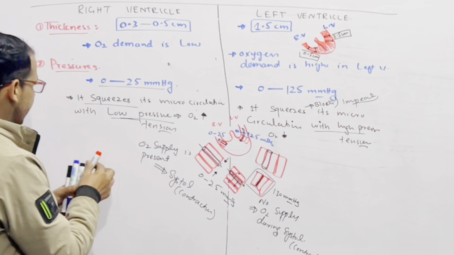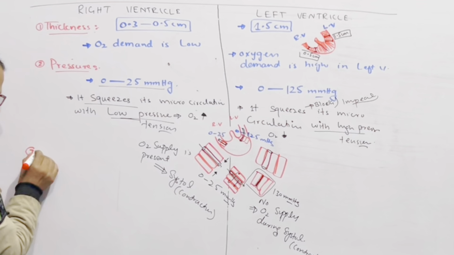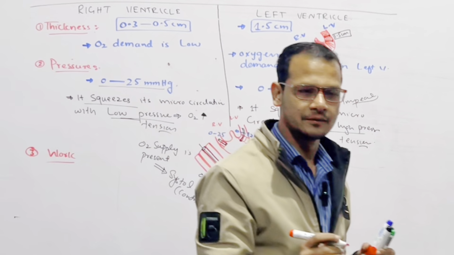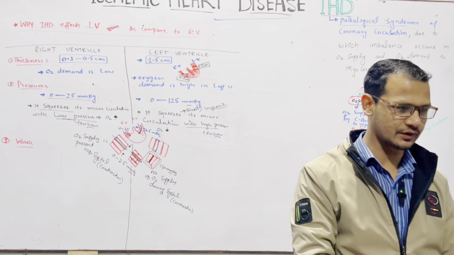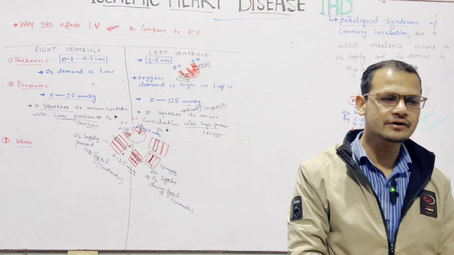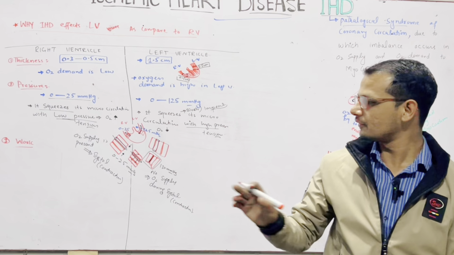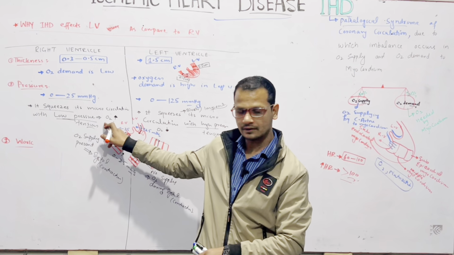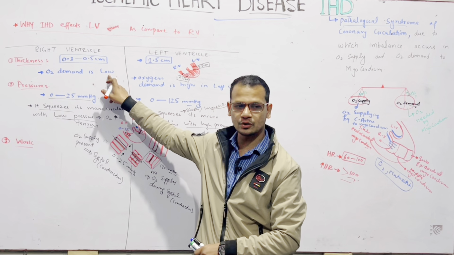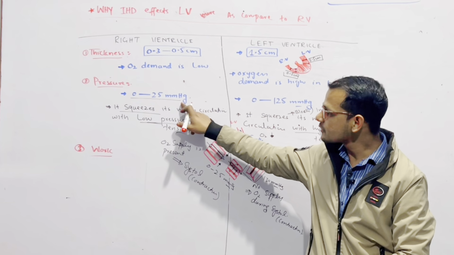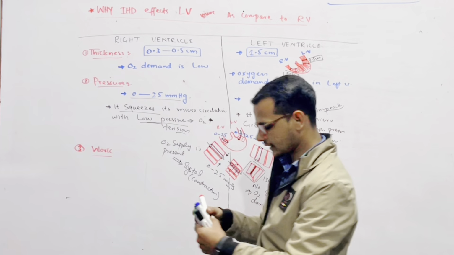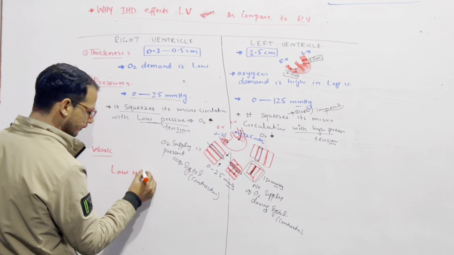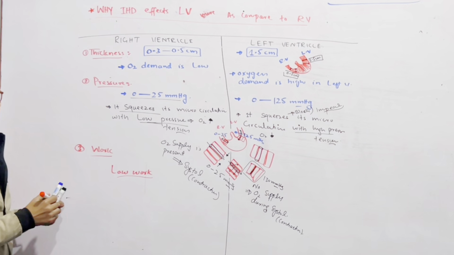Now if we go for work, I already told that heart muscles work 24 hours, but there is a difference in workload of the right and left side. On the right side, its thickness is low and its pressure is low, so it does little work.